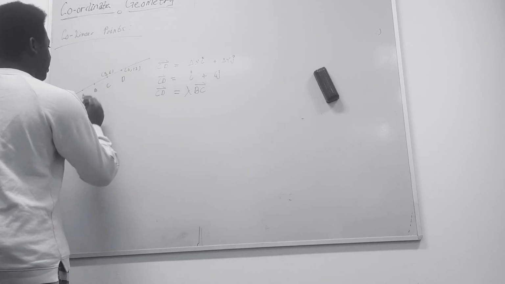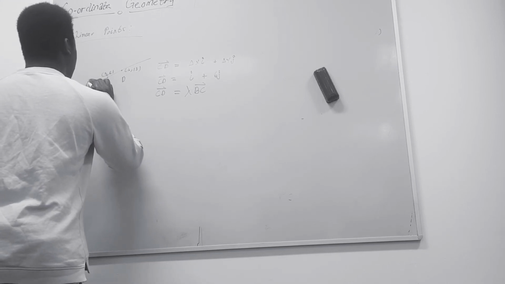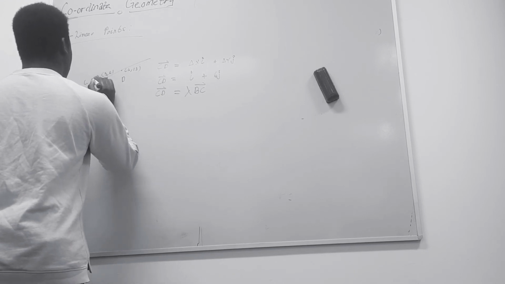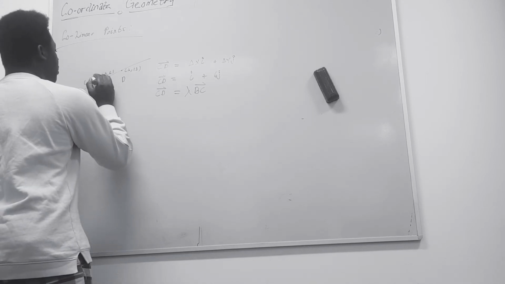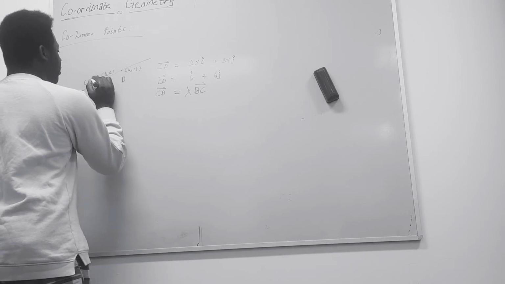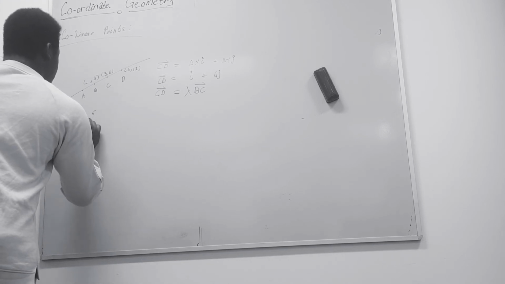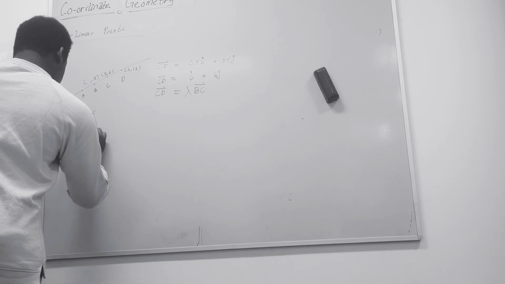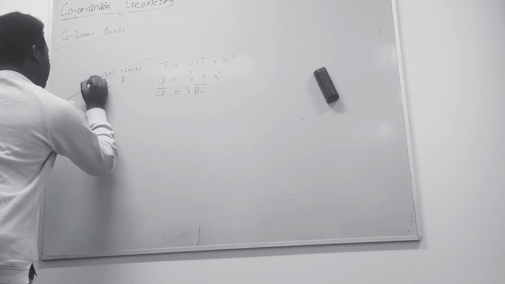So let the line BC be, let's say, 6 minus 3, and let this be a half.